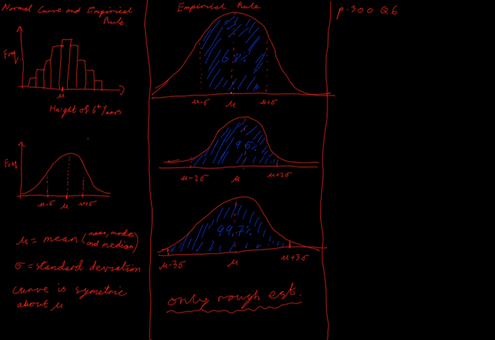If we start at the mean, whatever the mean height is of our population of our 6th year students, and we go the mean plus the standard deviation up and the mean minus the standard deviation down, this part of our bell curve is going to be 68% of our total population. So 68% of all of our students in 6th year are going to be plus or minus 1 standard deviation away from the mean or the average height.